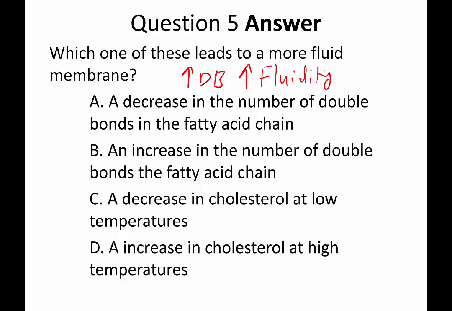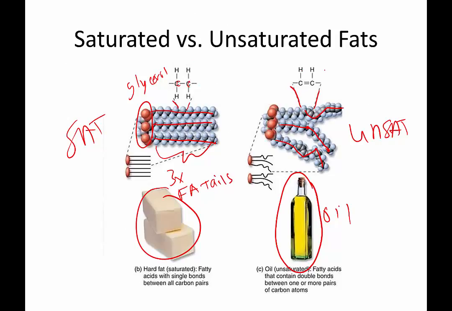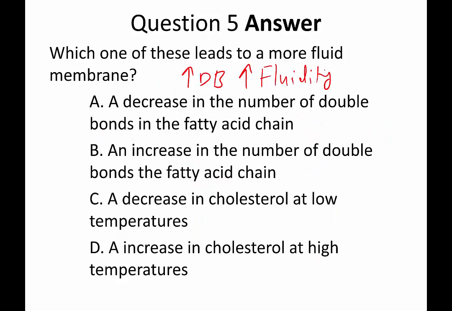Here we're doing the exact opposite of that. So we're making more single bonds. So if we go back to the next slide, you can see that single bonds are more characteristic of saturated fats or saturated fatty acids like butter. So A is not the correct answer, since if we decrease the number of double bonds, we're making the lipid bilayer or plasma membrane less fluid.